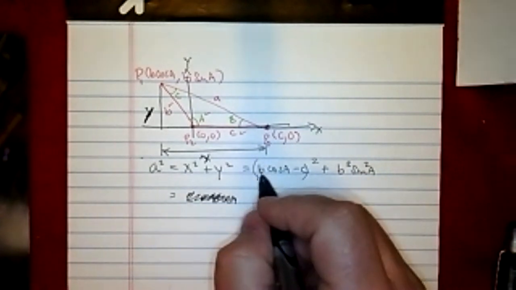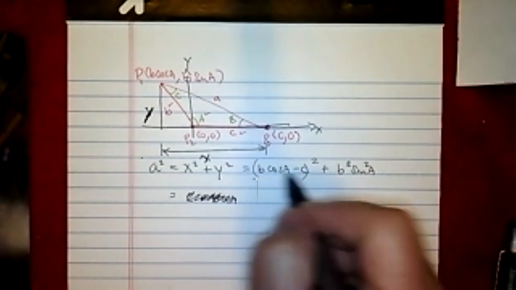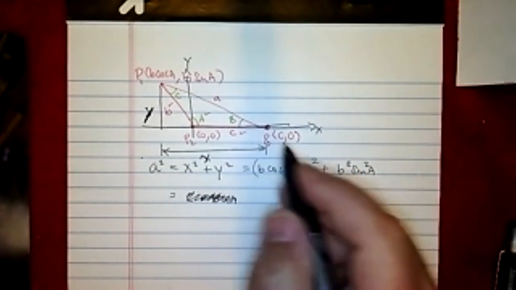If I want to compute a binomial, remember it's the square of the first, 2 times the product of the 2, plus the square of the last.